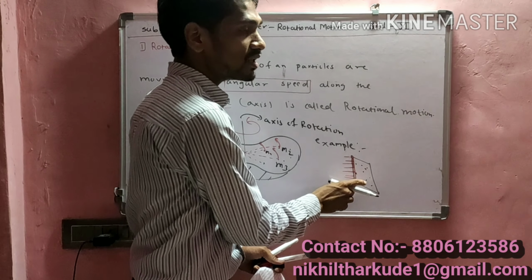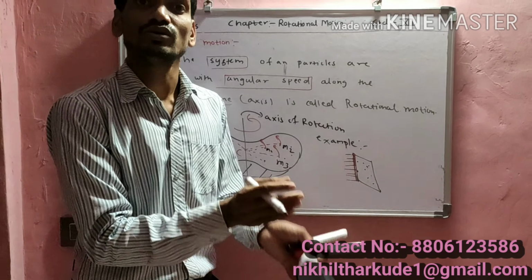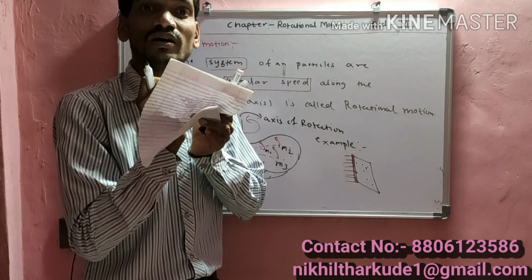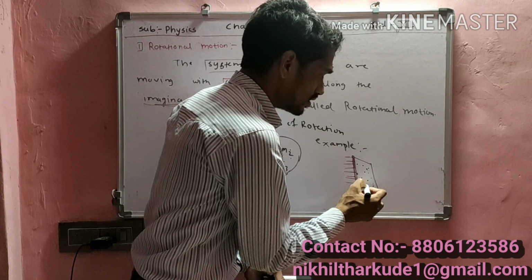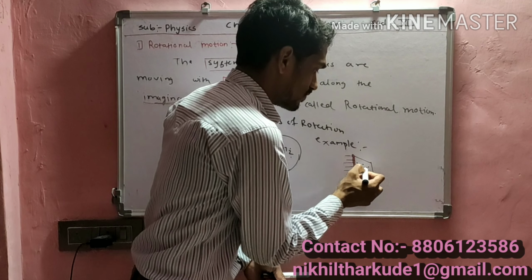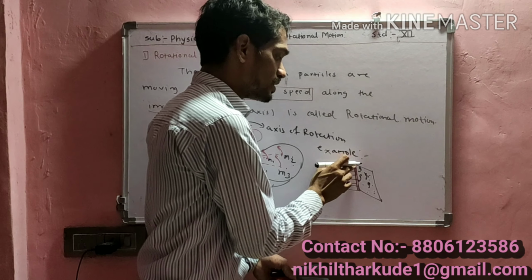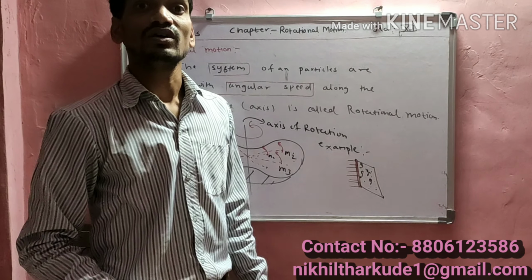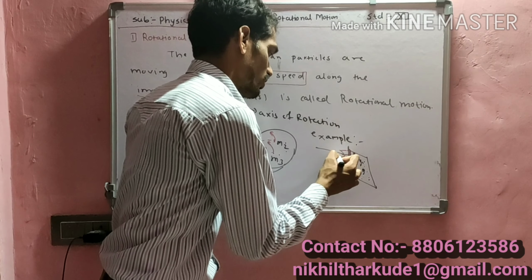Each and every particle, the group of particles on the door, because the door is made up of tiny particles, is moving in a circle, except these points which are not moving. The line joining these points is called the axis of rotation.